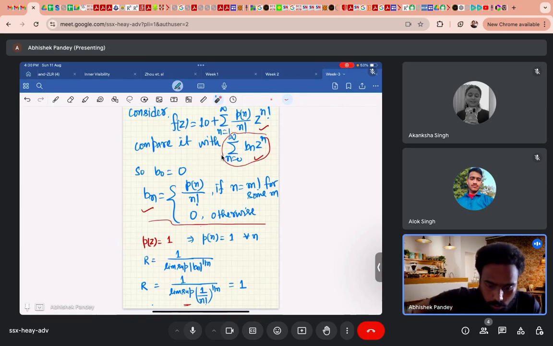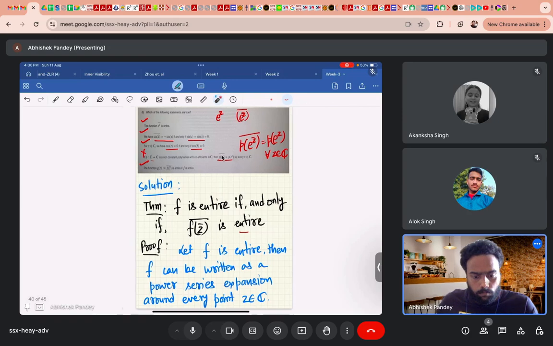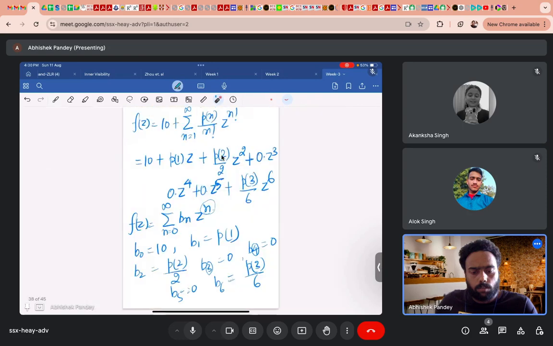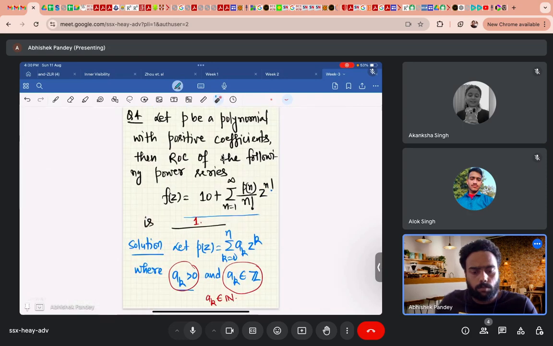How do we get this one? I think some extra condition is there. Anyhow, so wait a minute. p(z) is equal to 1. Is it given somewhere? Okay, one extra condition is missing here.